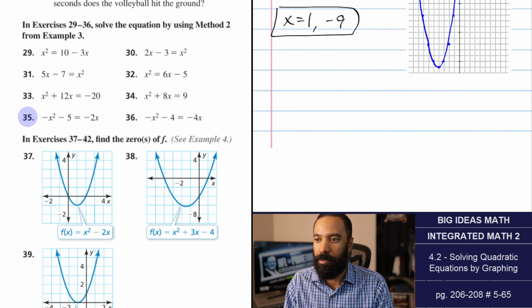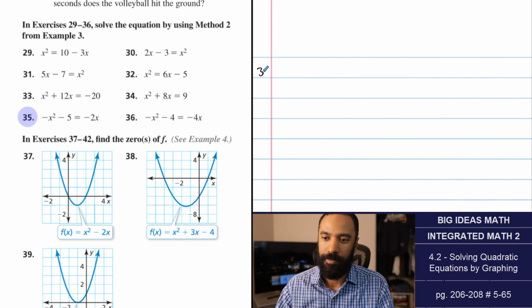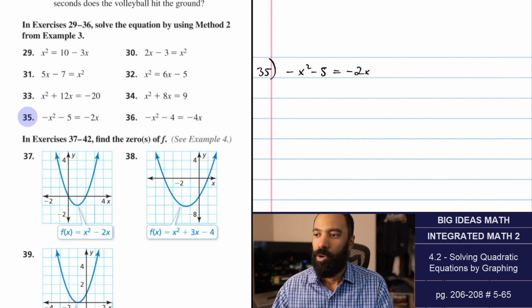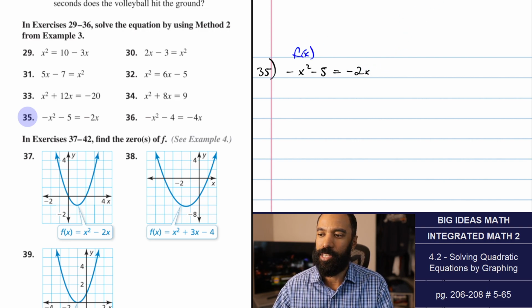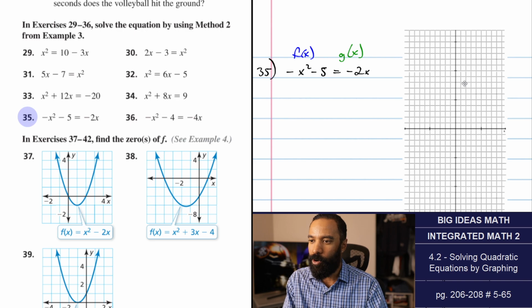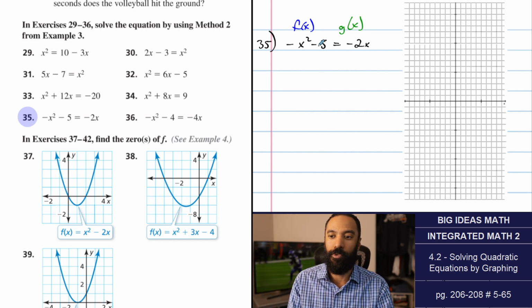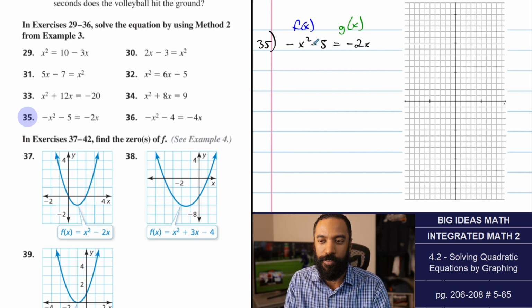Negative x squared minus 5 equals negative 2x. Okay, as far as f of x and g of x goes, two different y equals equations. Let's graph both of these. I don't really need to say more on these other than just graph them. This one, it's a negative x squared graph, so it goes downward, but this thing also translates 5 units downward.